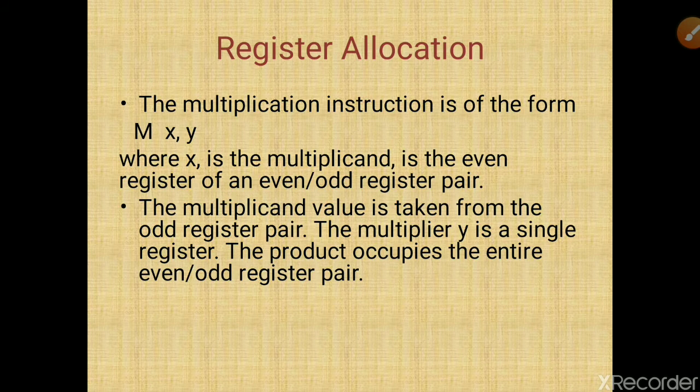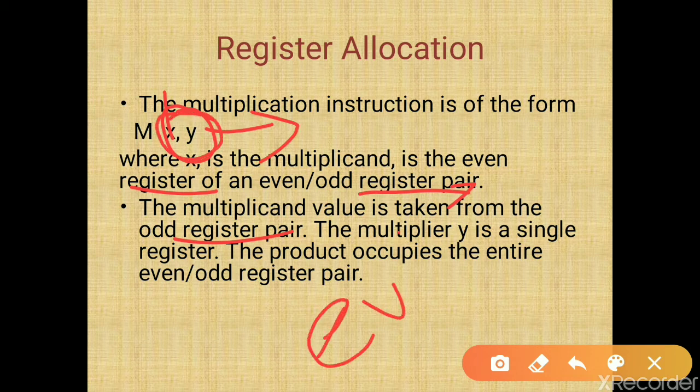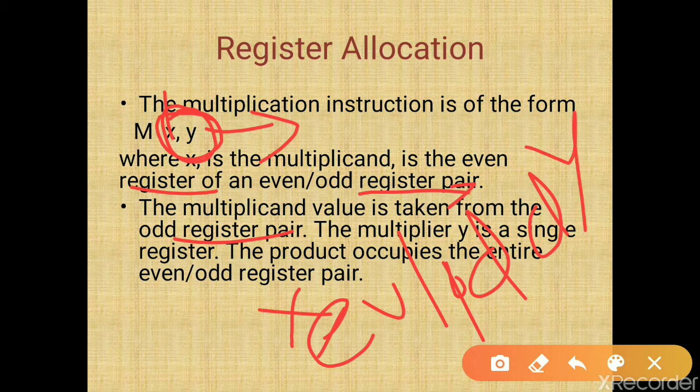Just consider this example. The multiplication instruction is of the form M x comma y. Here x is the multiplicand, and it is in the even register of an even and odd register pair. The multiplier value is taken from the odd register, where y is stored. Inside the even register, x is stored, and inside the odd one, y is stored.